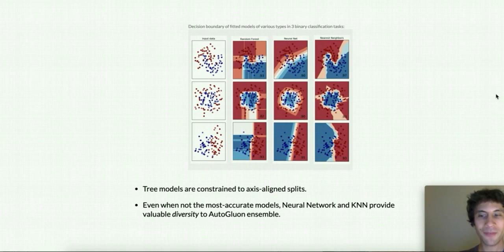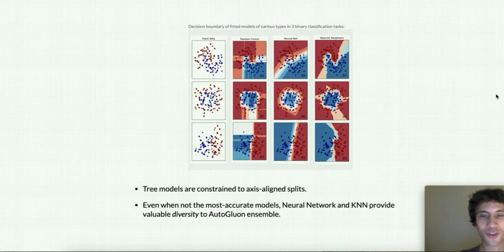We note that here tree models are constrained to axis-aligned splits. So even though they tend to be highly accurate for tabular data sets, because in tabular data sets the features are typically pretty meaningful, they're human-chosen features, unlike say images or text where the features can be totally arbitrary, what happens in one pixel versus another. In tabular data, a human decided what are meaningful variables.